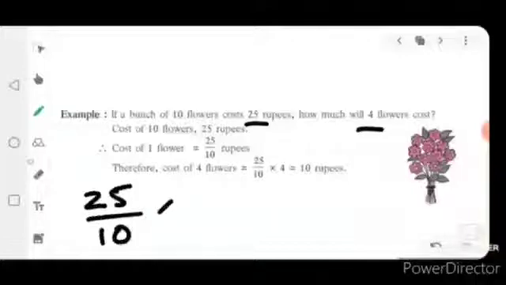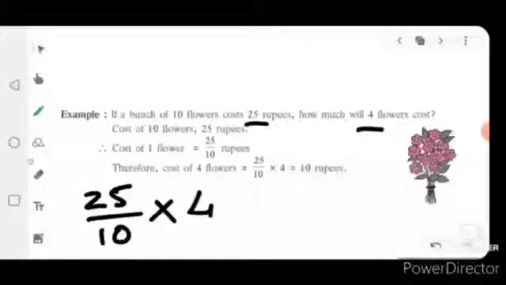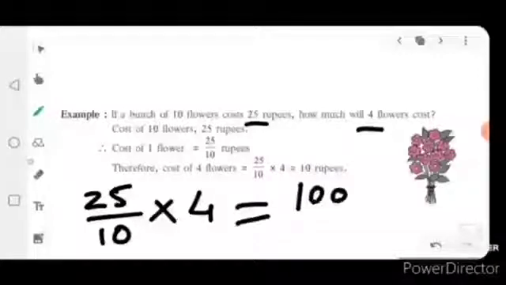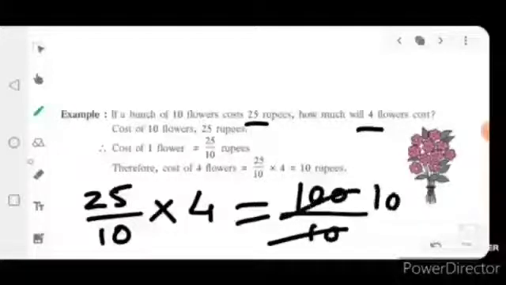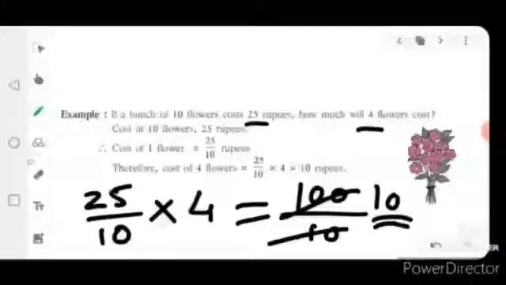We need the cost of 4 flowers, therefore we multiply that by 4. When we multiply 25 by 4, we get 100. Then 100 divided by 10 gives 10, since 10 tens are 100. So the cost of 4 flowers is 10 rupees.